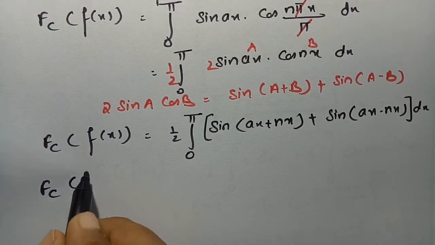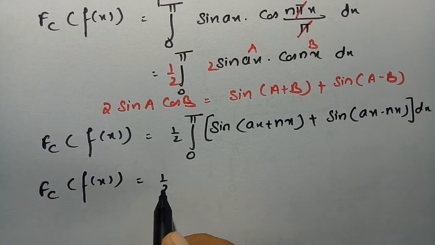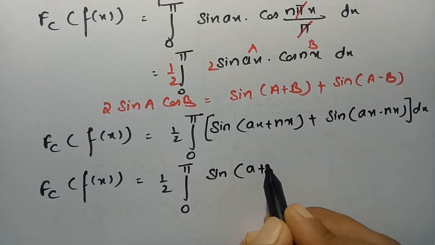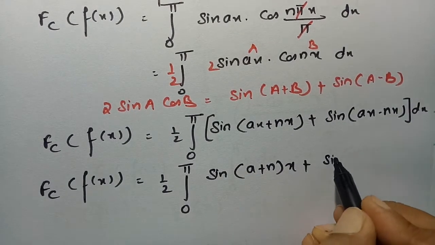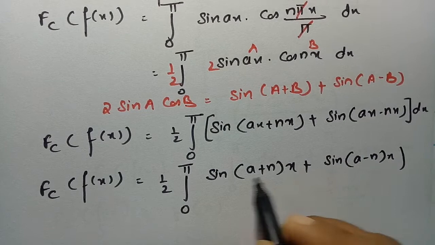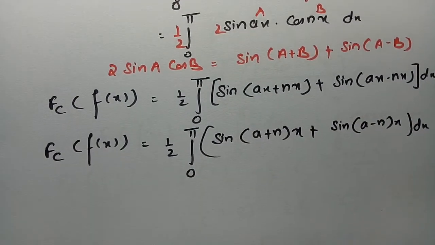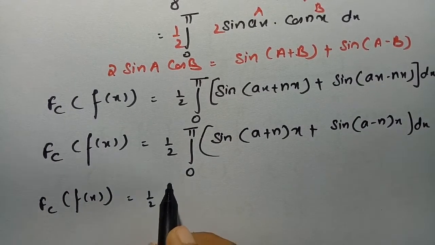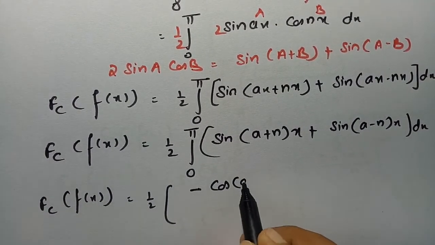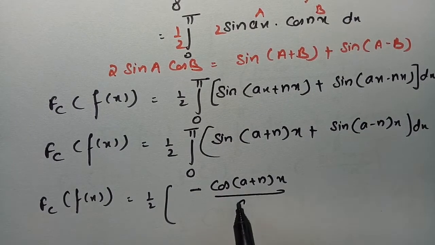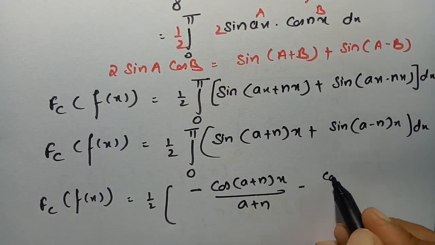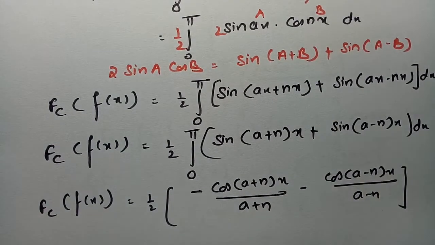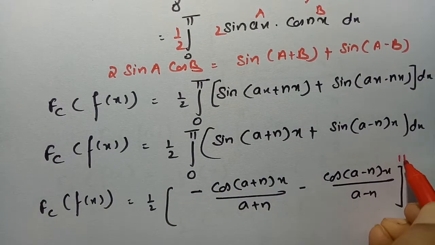So I can write the Fourier cosine transform of the function as half times the integral from 0 to pi of sin of (a plus n) x plus sin of (a minus n) x dx. If I integrate, see what will happen. It is half times of minus cos of (a plus n) x by (a plus n) minus cos of (a minus n) x by (a minus n), between the limits 0 to pi.